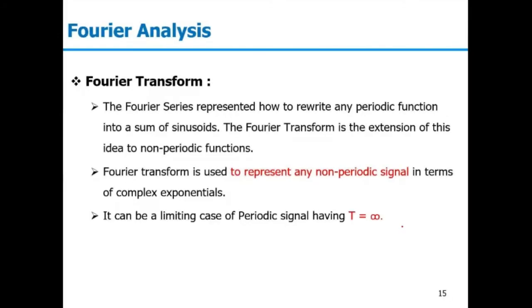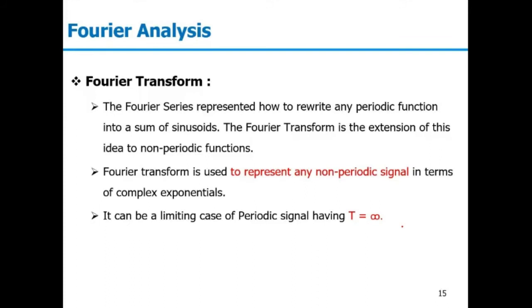As we discussed, in the Fourier series we were representing a periodic signal. So Fourier series represented how to rewrite any periodic function in terms of a sum of sinusoids. And if we have a non-periodic signal, then we can represent it by using the Fourier transform. So in other words, we can say our Fourier transform is an extension of the Fourier series. In Fourier series, what did we consider?